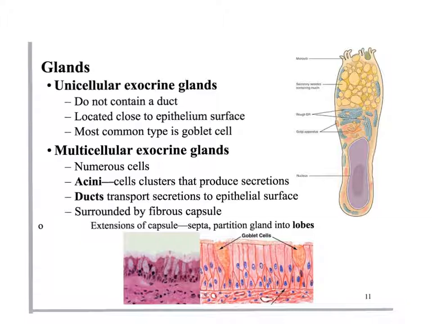It's surrounded by a fibrous capsule. Septa partition the gland into lobes. The salivary gland is an example of a multicellular exocrine gland. You have lobes and a fibrous capsule that helps protect it.